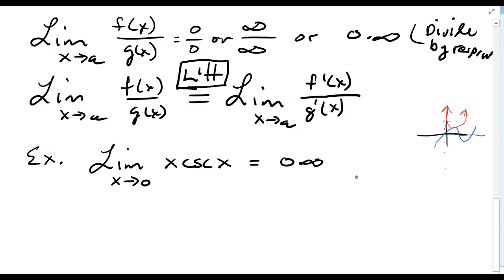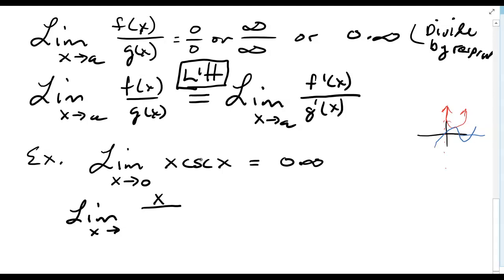All right, so that means I can use L'Hopital's if I take the reciprocal of one of these. So often when dealing with trig functions, it's kind of easy to take the reciprocal instead of multiplying by cosecant x. We can divide by the reciprocal of cosecant x. So what is the reciprocal of cosecant x?